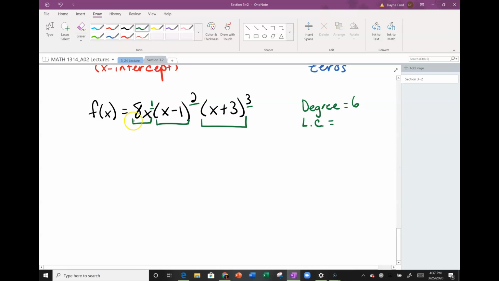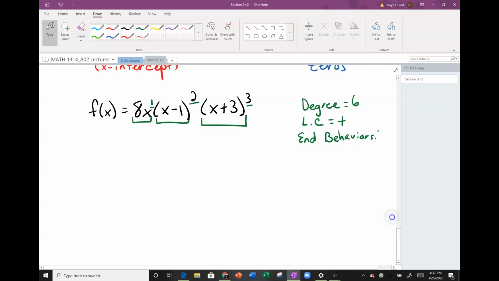And then my leading coefficient here is an 8, which is positive. So that would mean that my end behaviors, reviewing from last session, are going to be going up on the right-hand side because it is positive, and they're going in the same direction because it is even.